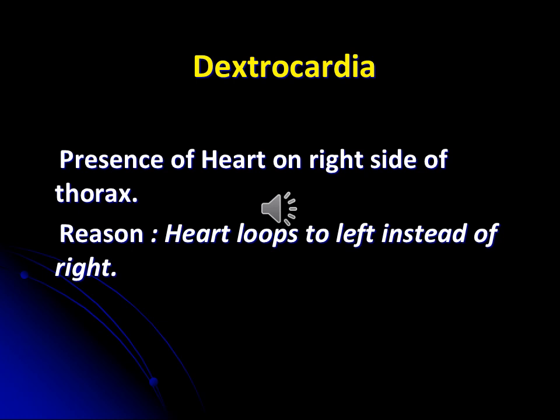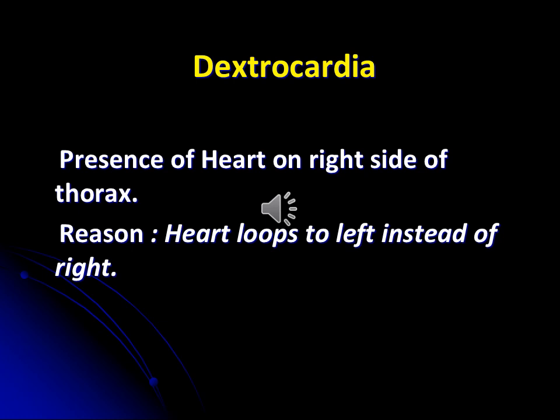Now we can ask a question, what if the heart turns to the right instead of left? Something like the left half of the face, as I gave you the example. Such a condition where the heart is turned in the opposite direction is called dextrocardia.